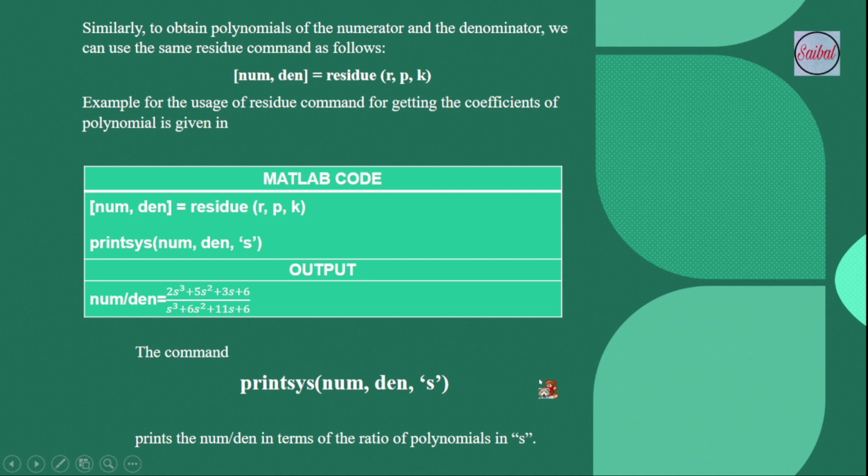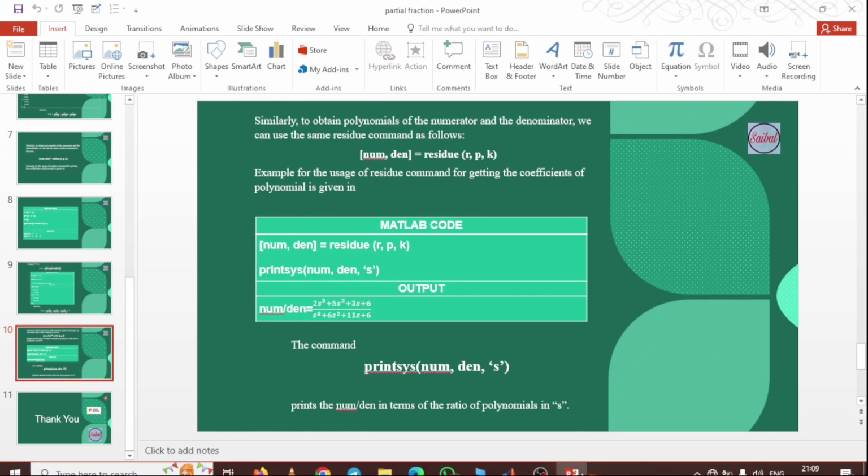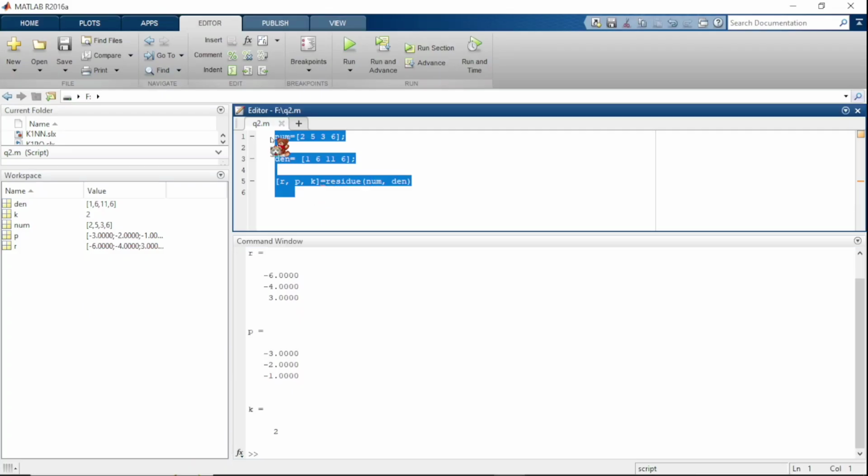Similarly, we will convert the reverse portion, means we have to represent num and den by using the r, p and k values. Okay, so just represent, so r will be -6 semicolon -4 semicolon 3 and p is -3 semicolon -2 semicolon -1, k is only 2.